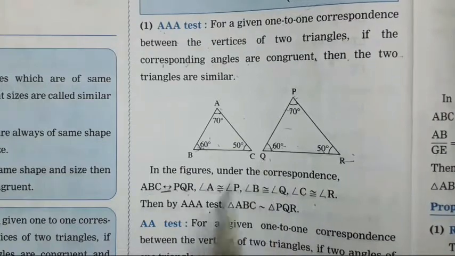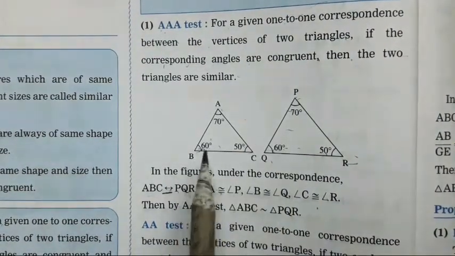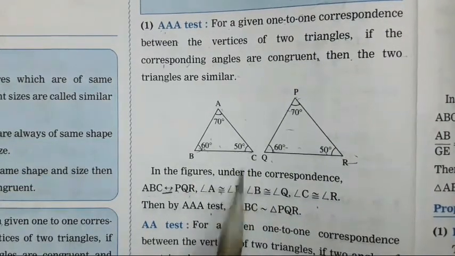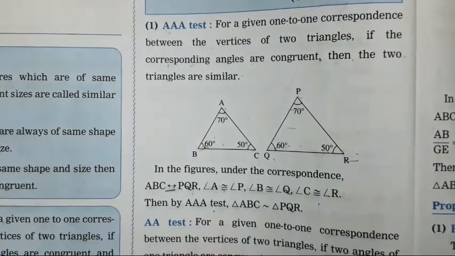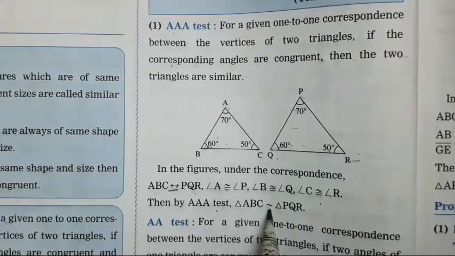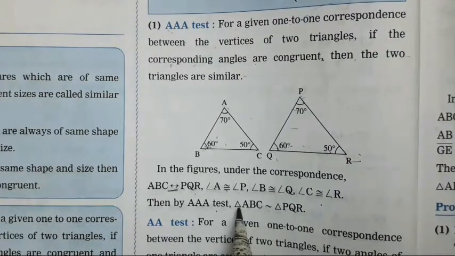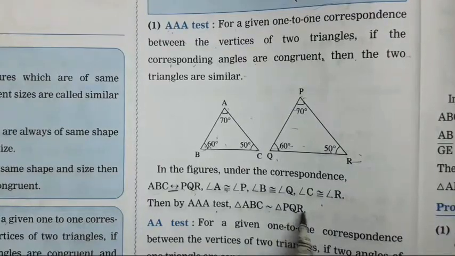So when all the corresponding angles of the triangles are congruent, then the triangles are said to be similar by the AAA test, and the similarity sign you all have to write. So triangle ABC is similar to triangle PQR.